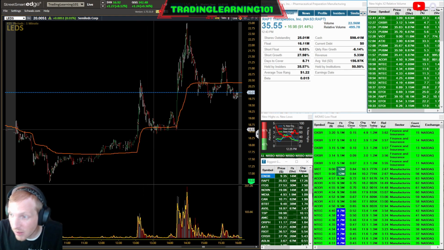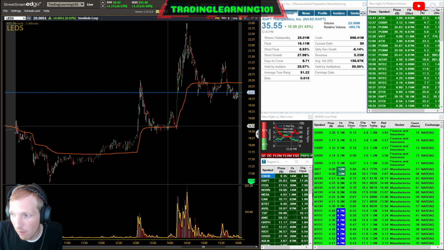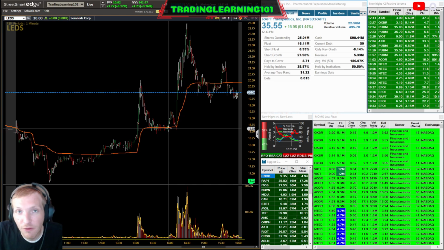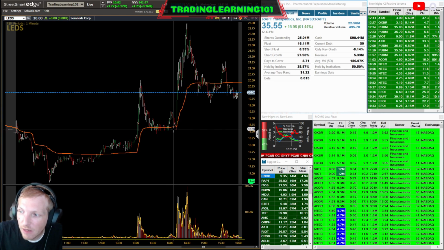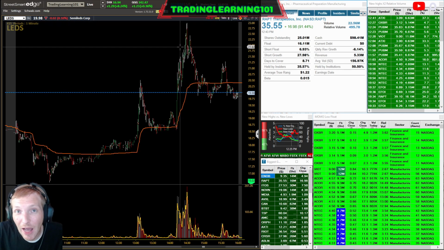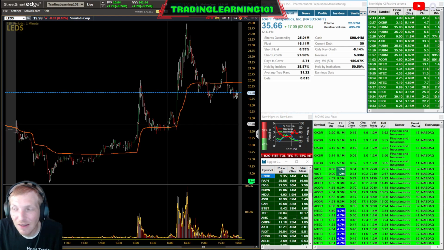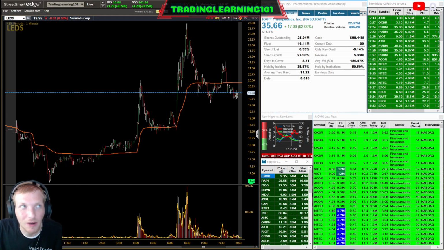And look at it, slams right down, hangs out right at the VWAP, right at 18.50. And from 18.50, this pushes all the way up to $23. That's a $4.50 move to the upside. That's insane. That's opportunity right there.